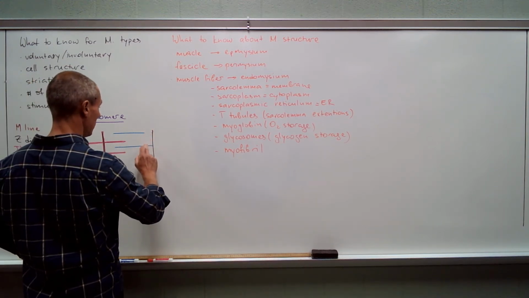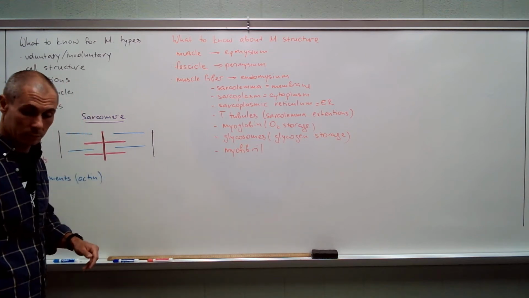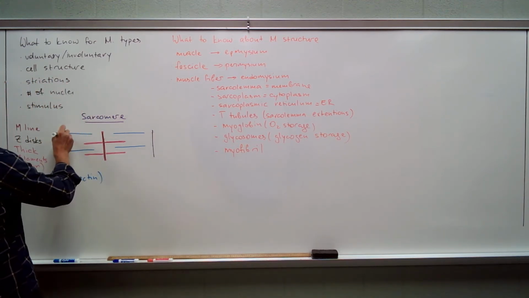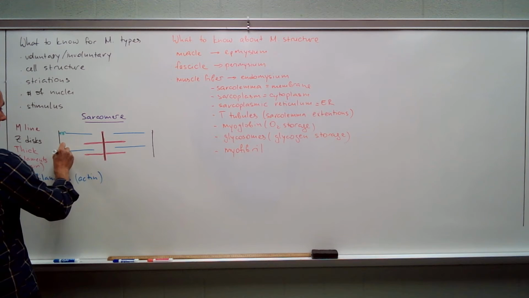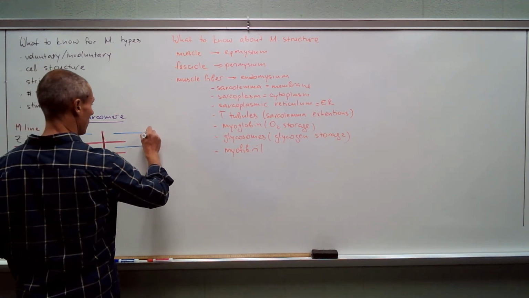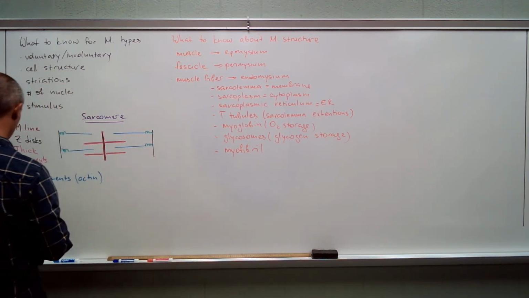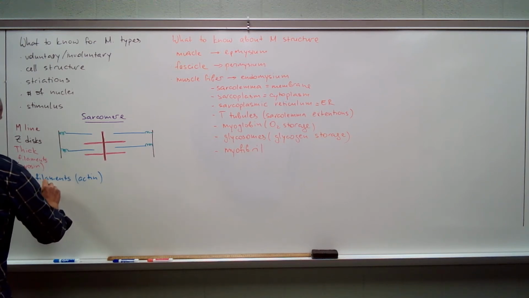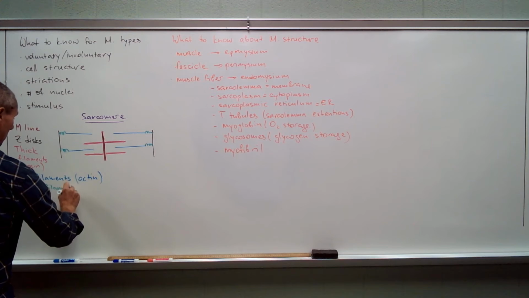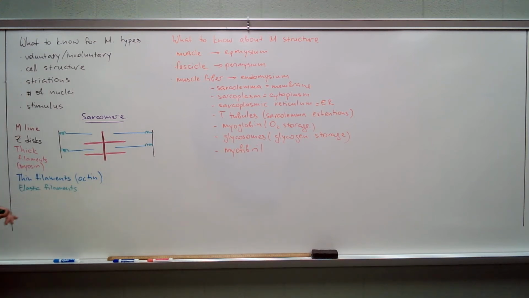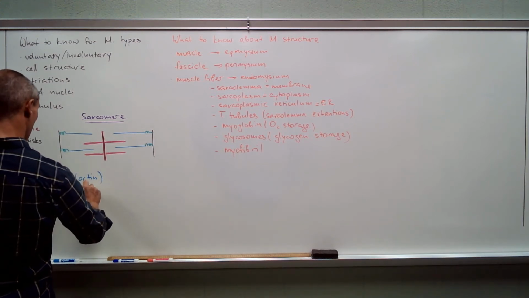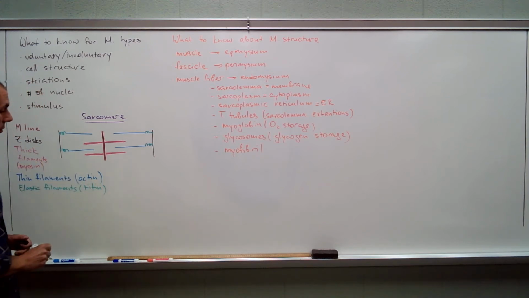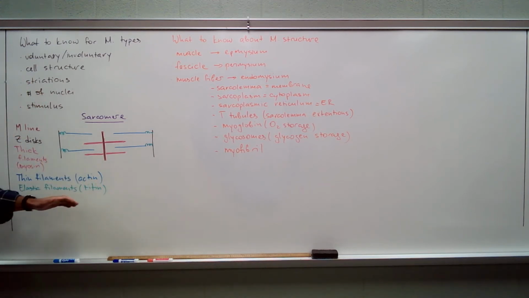There are little elastic filaments here. We're not going to pay too much attention to elastic filaments on the functional level. The protein that forms them is called titin. Elastic filaments attach thin filaments to Z discs.